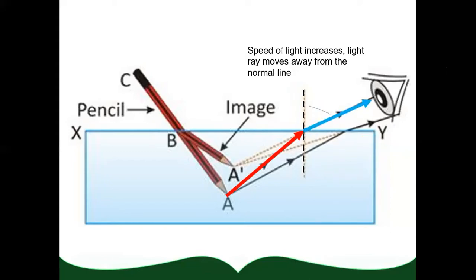This is now the evidence that the light ray moves away from the normal line, compared to this one. There is an increase in the separation between the refracted ray and the normal line. Now the refracted ray will reach the human eye. The brain will interpret it to be traveling in a straight line. So the image of the pencil appears to be here. So it appears broken.